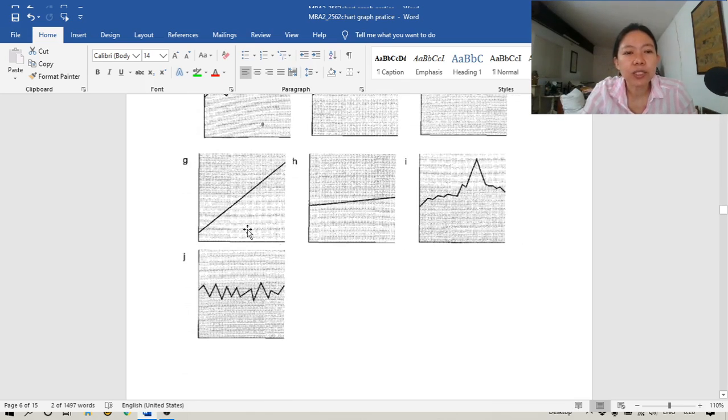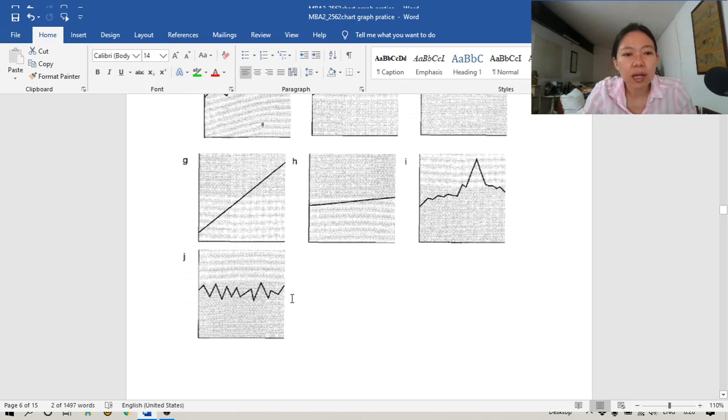And then with picture G, we use number 4, the share price increased dramatically. Okay. And then with picture H, we use number 2, the share price rose slightly. It's not a lot.